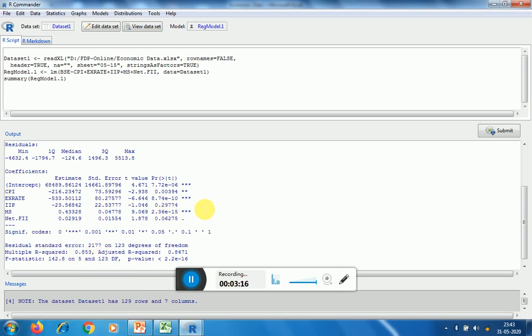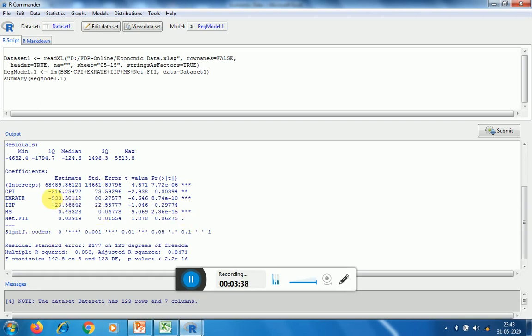Now as far as this regression model is concerned, basically we use the regression model for forecasting purposes. So whenever we are forecasting the dependent variable on the basis of independent variables, we expect that all the variables which are there in the model must be significant.